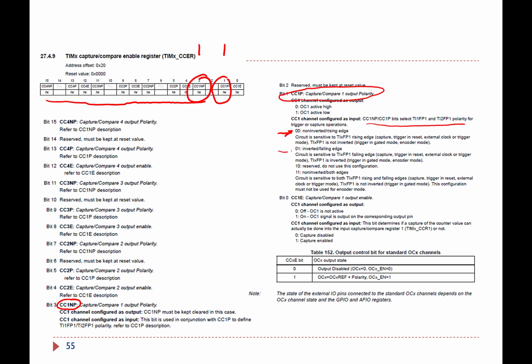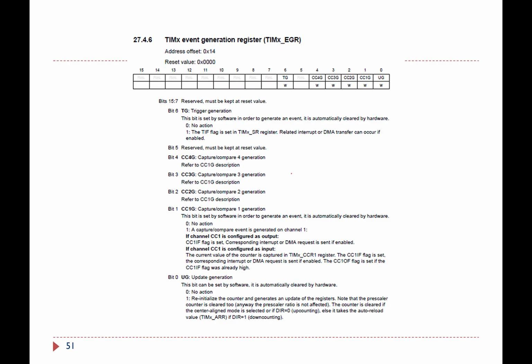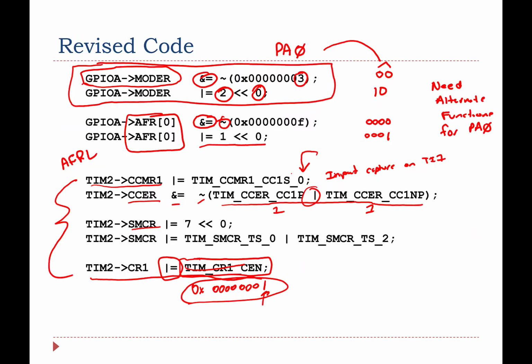Obviously you can see 0, 1 is falling edge, and then 1, 1 is used for both edges. So right now what we've done with this statement is input capture rising edge. Okay, that makes sense here.